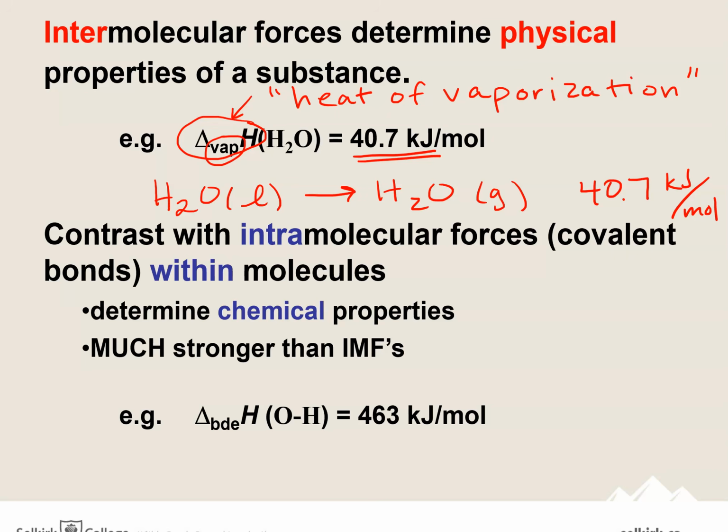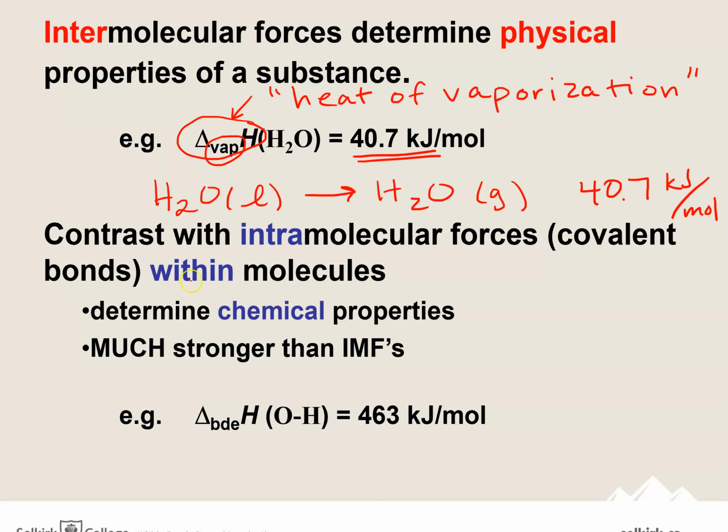Let me remind you that boiling something is a physical change. It changes the state, but it doesn't change the molecule. It's an H2O molecule in the liquid. It's an H2O molecule in the gas. So this is not a chemical change. It's a physical change. And the amount of heat that it takes to do that depends on the strength of the intermolecular forces. I have to pull one molecule further away from another one, overcoming some of those intermolecular forces to boil it.